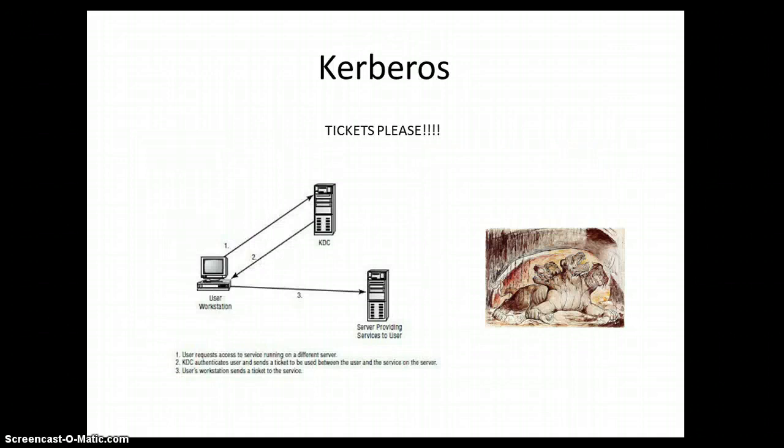Kerberos in Greek mythology is known as the three-headed gatekeeper dog of the underworld, that's seen over on the right-hand side. Typically, any questions that you see on the exam will talk about the tickets and maybe about port 88 whenever they're talking about Kerberos.